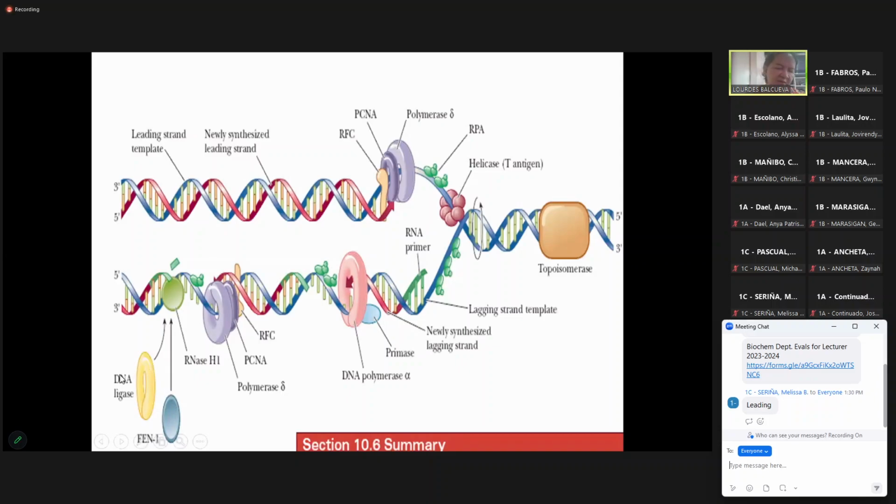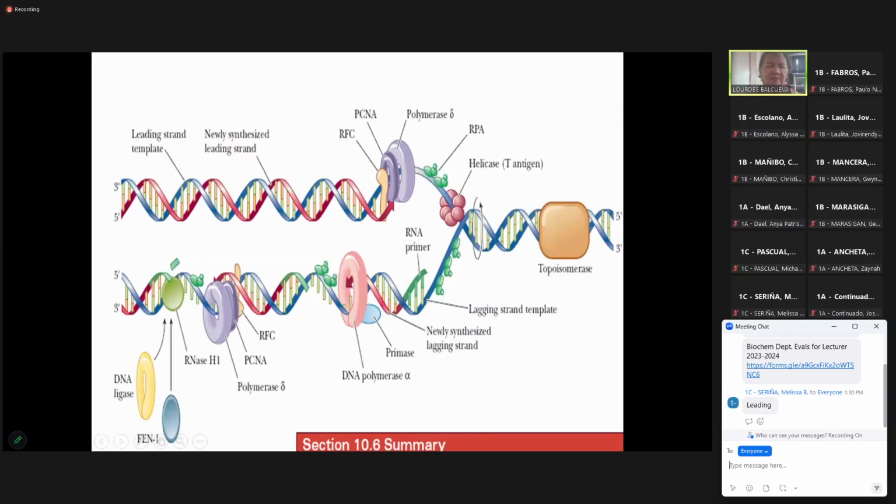What is the function of your DNA ligase? DNA ligase ligates one Okazaki fragment to the next Okazaki fragment. Remember, they are not continuous.